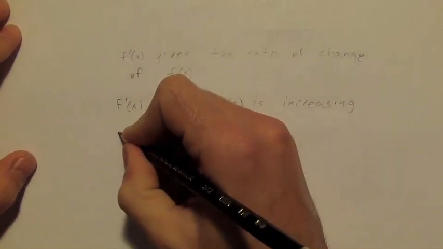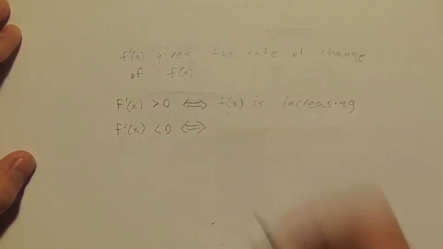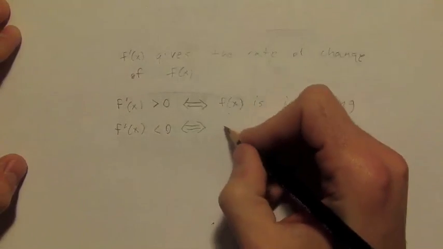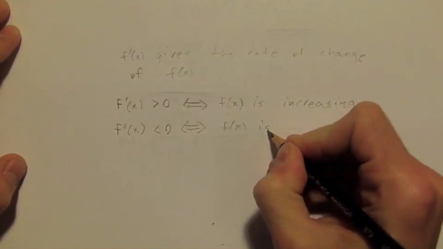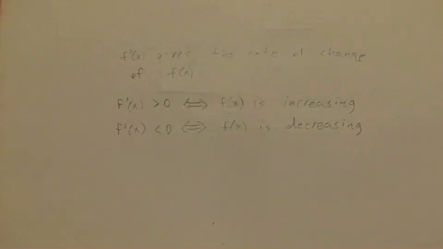And if you find that the derivative is negative, that gives you that f of x is decreasing on that interval, wherever the derivative is negative. So that's a very simple way to tell if a function is increasing or decreasing. Before, that was a super hard thing to do without a graph, to prove that something was increasing or decreasing. But now that we have the derivative, it's as simple as seeing whether it's positive or negative, which is actually a very easy thing to do.